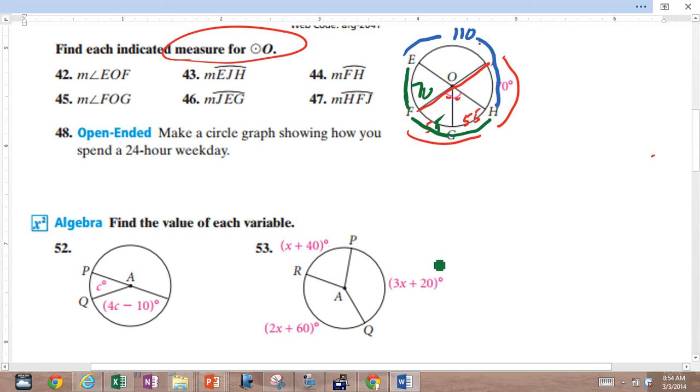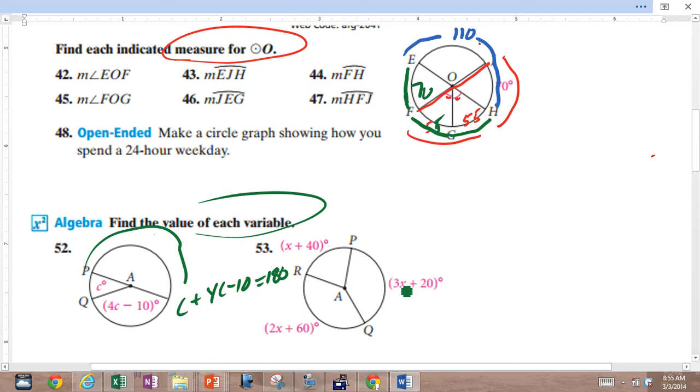Let's take a look down here. Find the value of each variable. You've got a semicircle along here and along the bottom. So the arcs x plus 4x minus 10 equals 180.